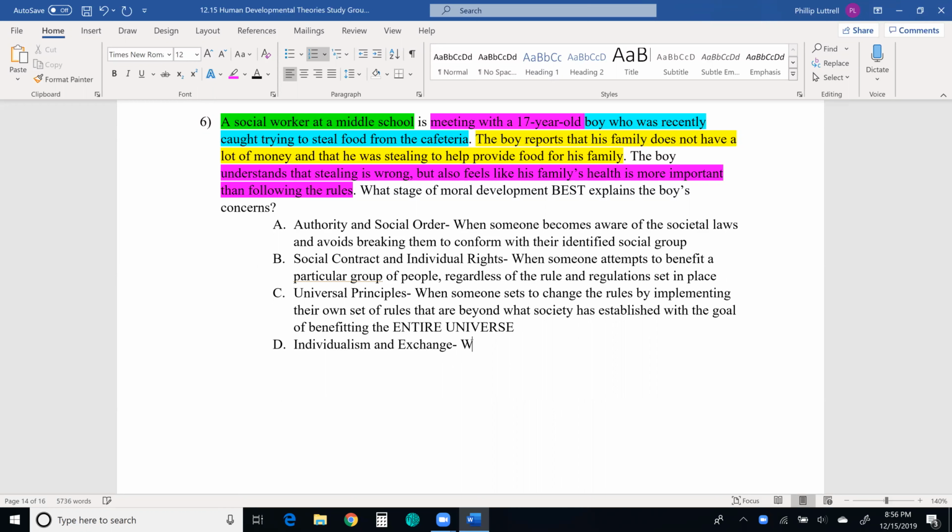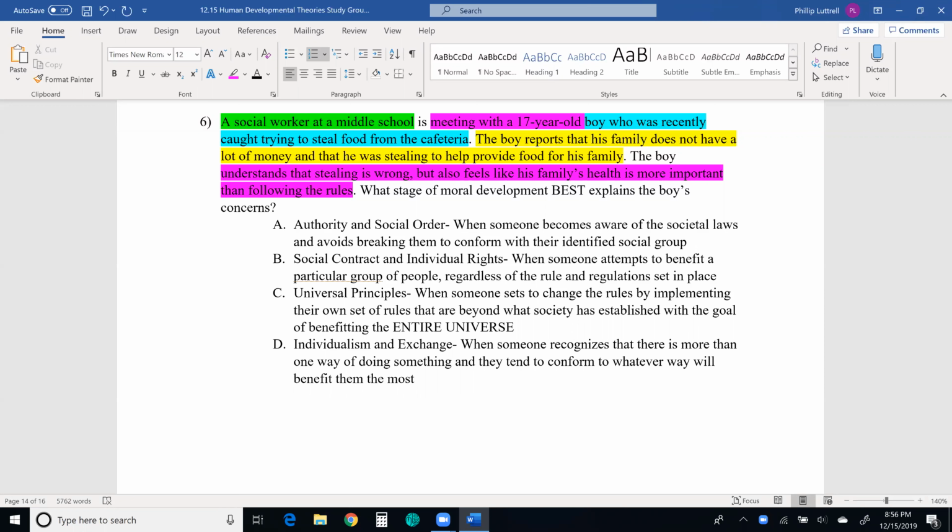Individualism and exchange, when someone recognizes that there is more than one way of doing something and they tend to conform to whatever way will benefit them the most.